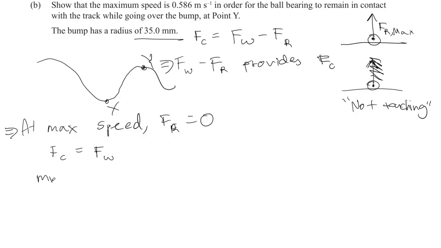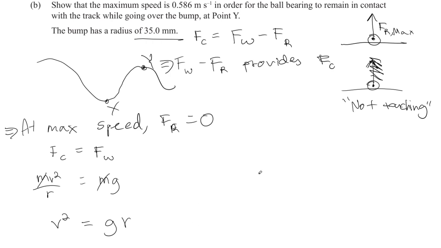So mv squared over r, that's in your formula sheet, by the way, equals F weight, it's just mg, where g is the gravitational constant. Now we can cancel mass from both sides, and what we get is v squared equals gravitational constant multiplied by the radius.